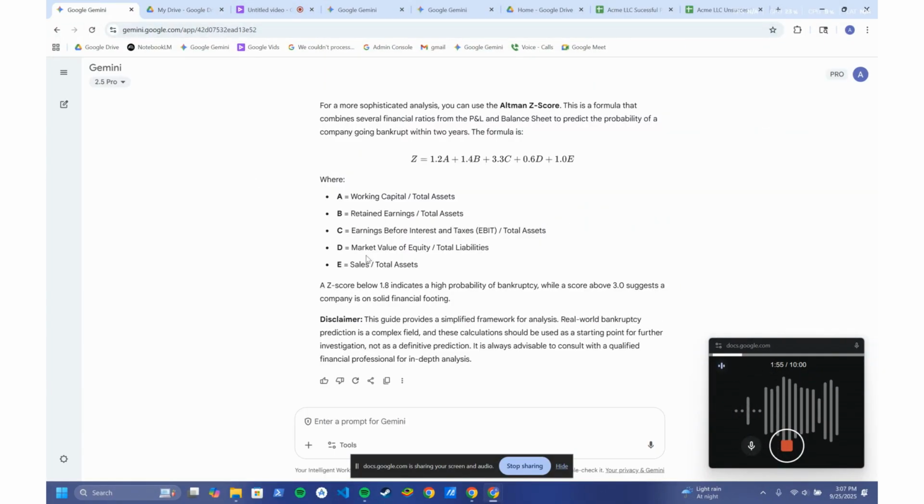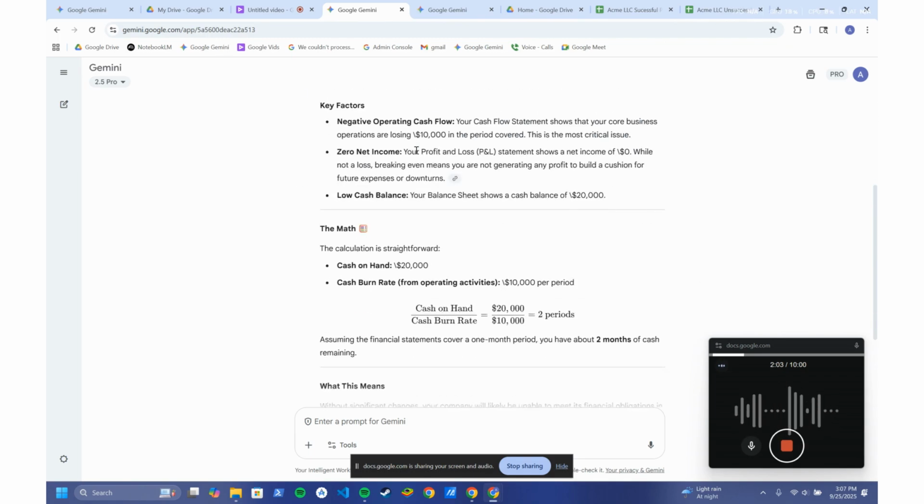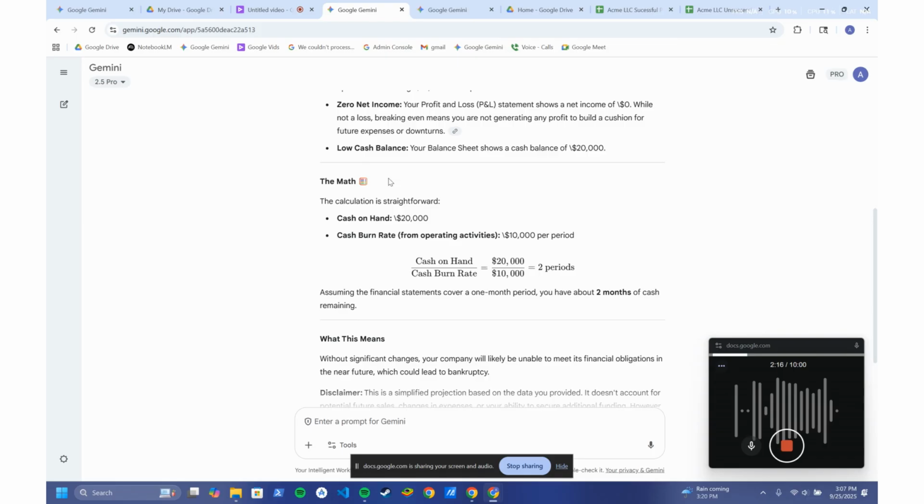So, we are going to take a look at what AI says about our unsuccessful company here. We've got negative cash flow, which you can see on the cash flow statement. We're spending more than we make. P&L statement, we have no net income, so we're not making money.